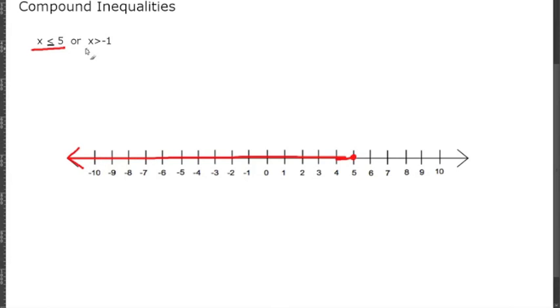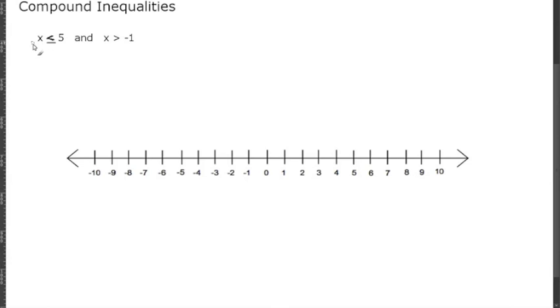For the next one, it says x is greater than -1. So we're going to circle the -1 and shade in everything to the right. Essentially, this is the entire number line. So if you were to draw this picture, you could just shade in the entire line.